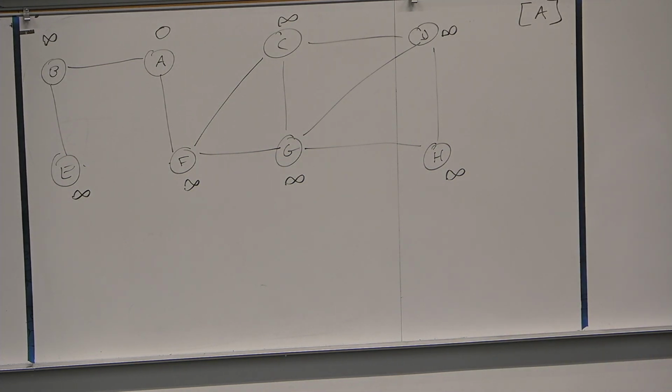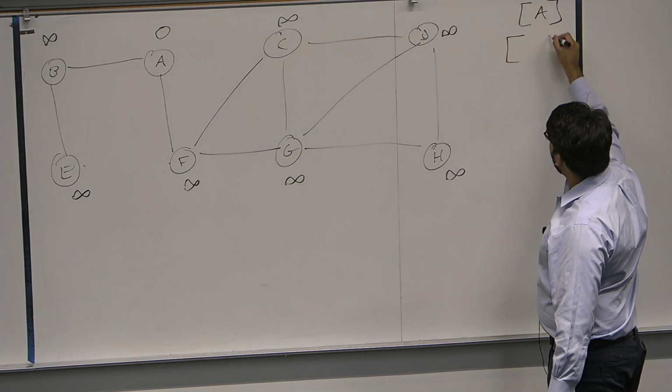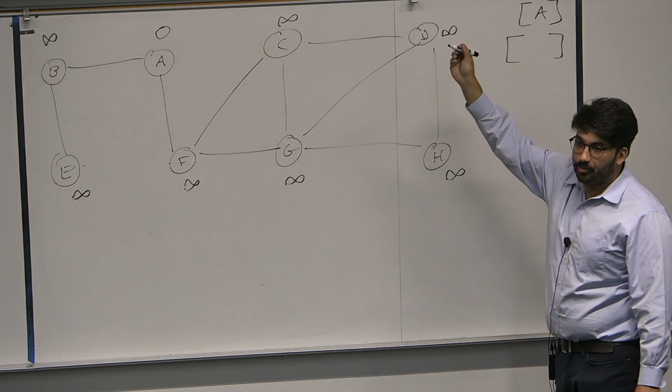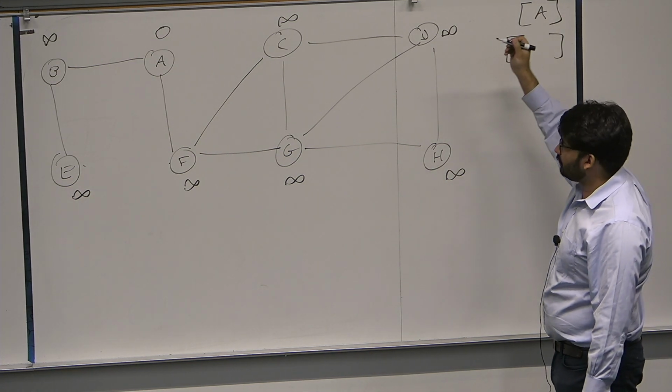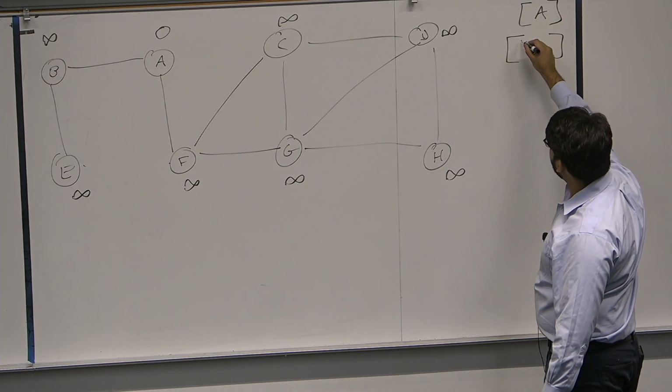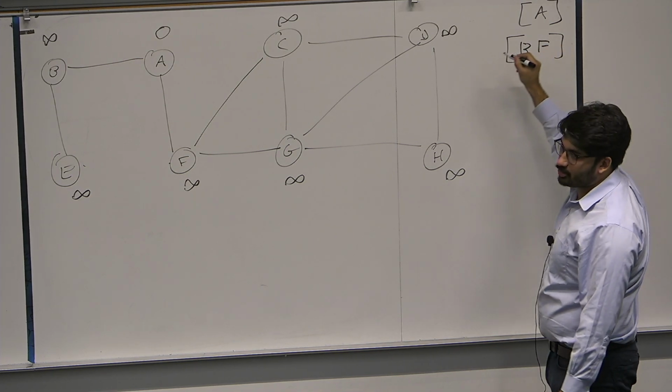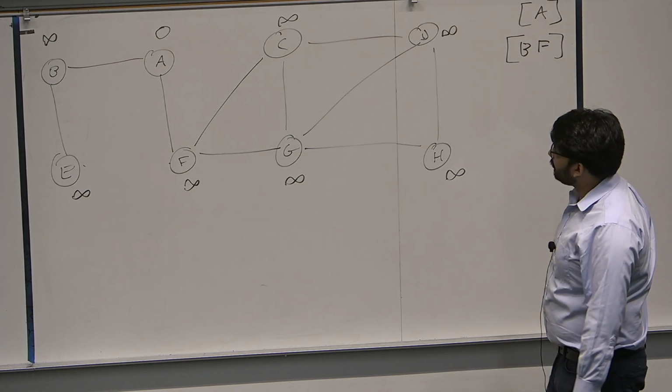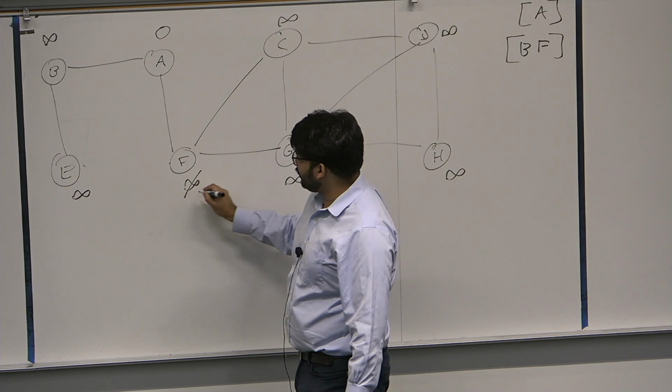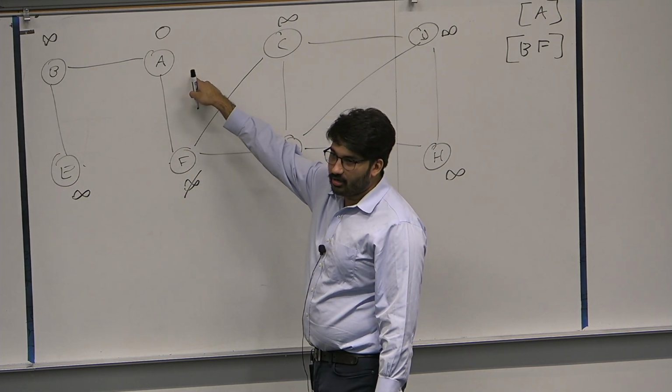Now what we're going to do is pop A off the queue, push everything that's connected to A into the queue, and then update those distances. So when A is removed from the queue, and again it's ejected, we push in its children. So what are we going to get? B, F, right? And also double check me if I make a mistake here. So then F is going to have its distance 1 away from a node of distance 0.